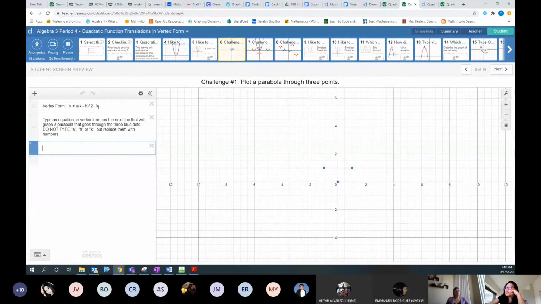So here, you can just copy this equation for slide 6, Control C, and then Control V. And then just replace your K with numbers. Our vertex is 0, 0, so H would be 0, K would be 0. So replace those numbers.